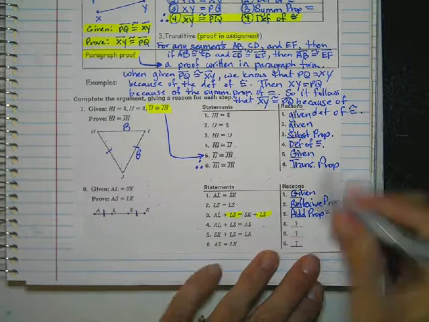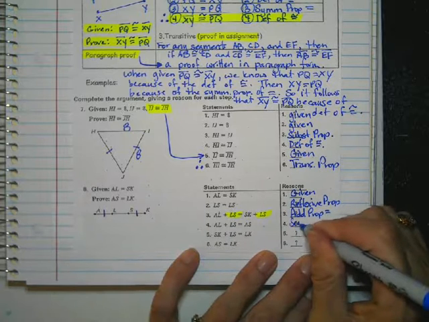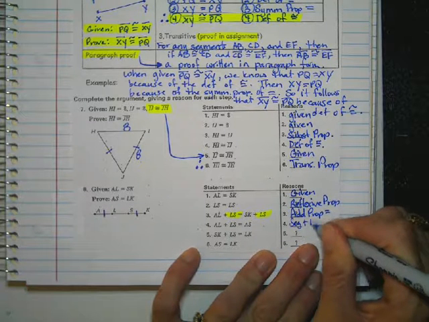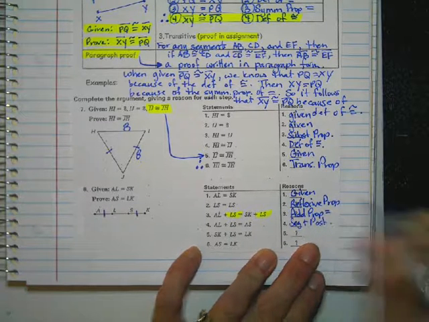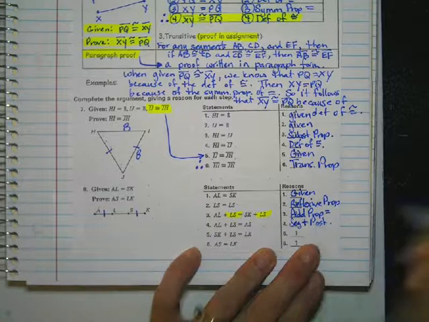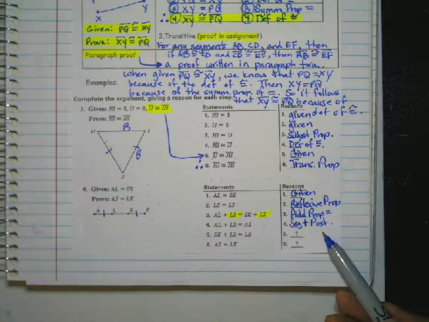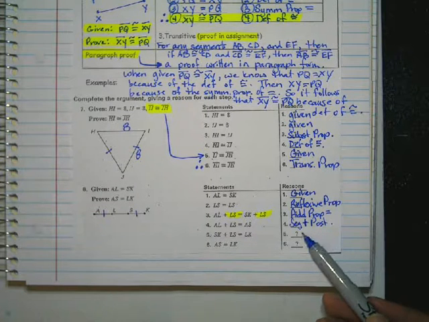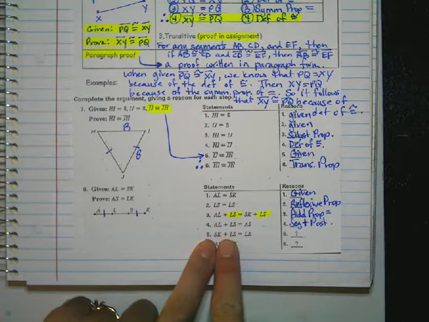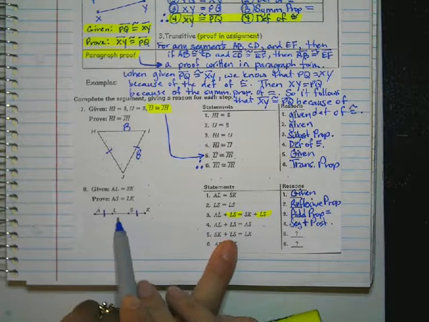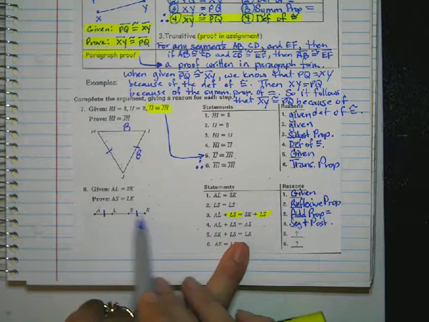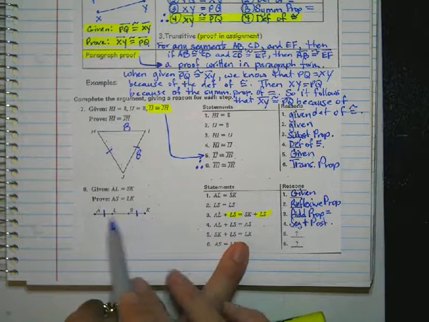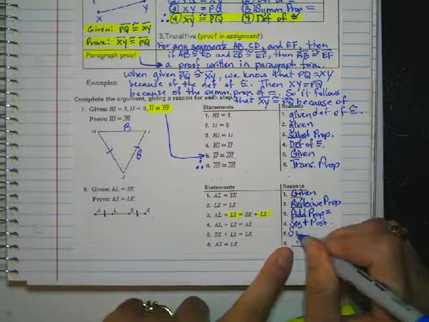Segment addition postulate. It was on your Chapter 1 test. Alright, number 5. SK plus LS is equal to the entire segment LK. That's again segment addition postulate.